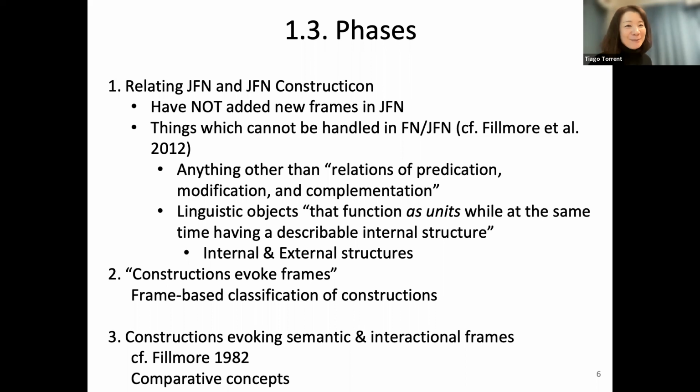By the way, in Japanese FrameNet we haven't really added new frames.